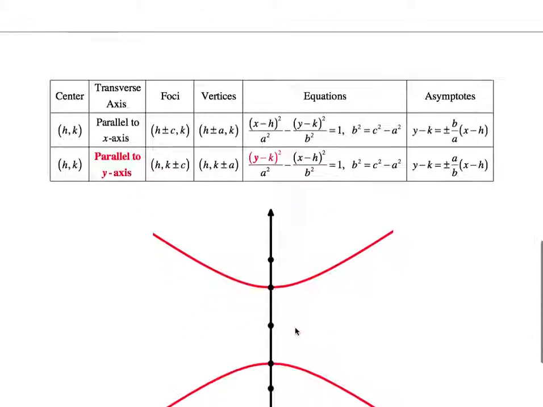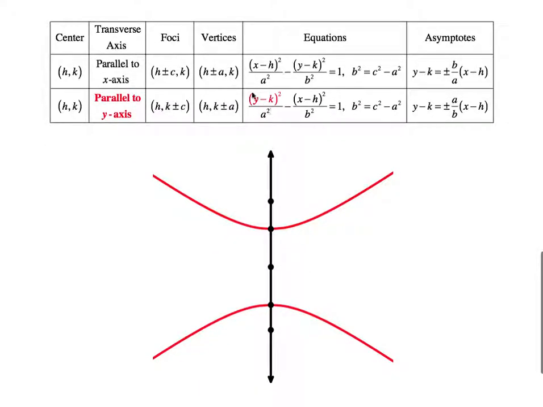Now when the first variable in the equation is the y, or the y terms rather, then the transverse axis is vertical, it's parallel to the y-axis, and the wings of the hyperbola open up and down.